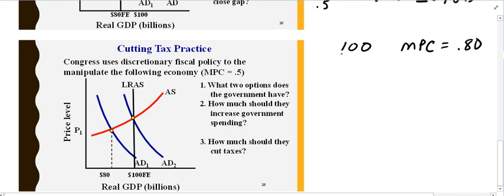The government will spend $100. If the government spends $100, it spends $100. But if you were to give somebody $100, right, it's not going to be $100 that gets multiplied in society, right? Because that person's going to get the $100. They're going to consume $80 of it, and they're going to save $20 of it. So that messes up our math a little bit.